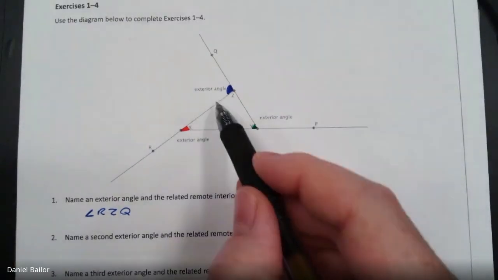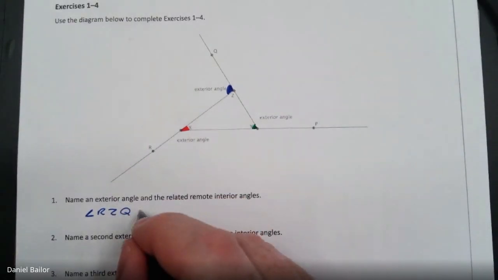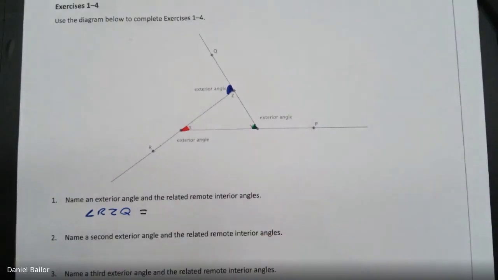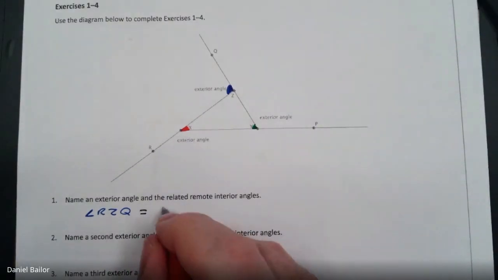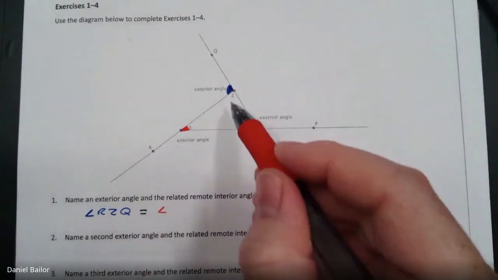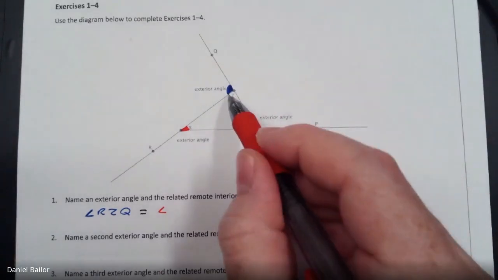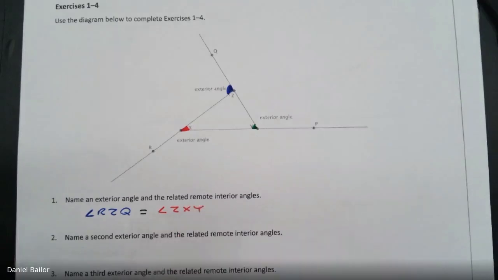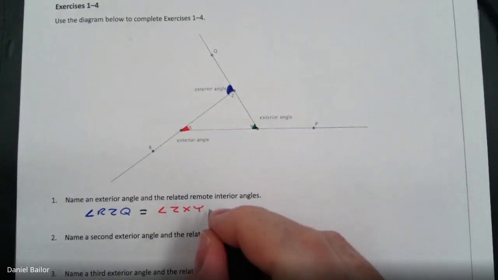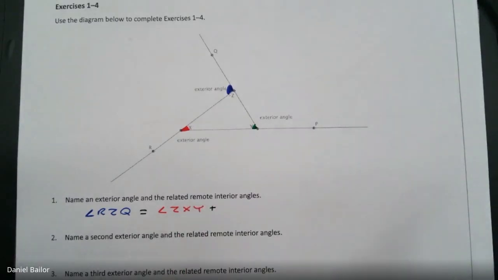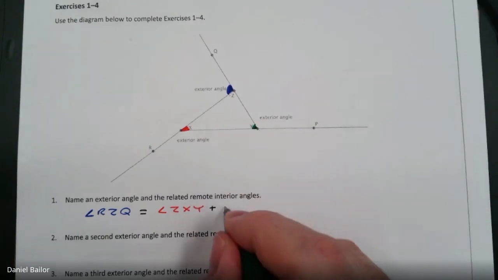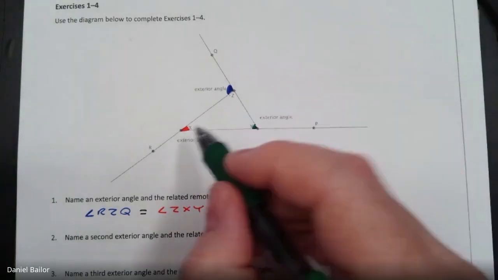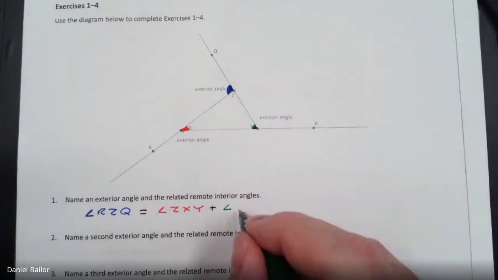So we say our blue angle, RZQ, equals the red angle, which is ZXY, plus the green angle, XYZ.